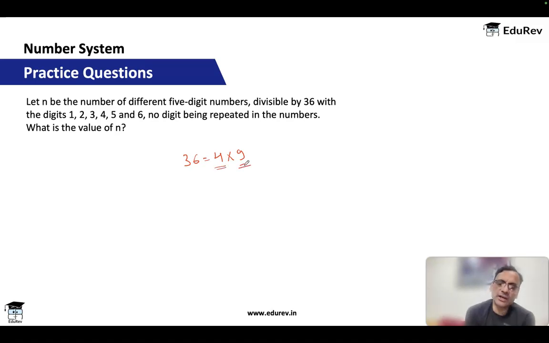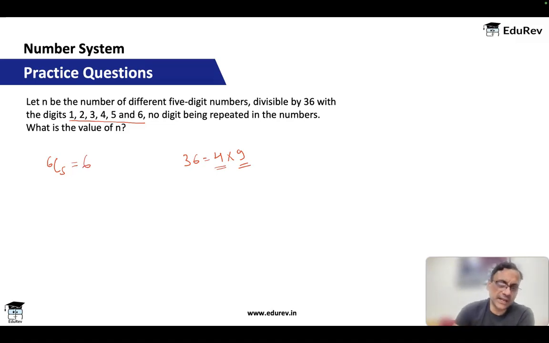When we look at powers of 3, you know that the rule is the sum of the digits. Now the sum of the digits is a very strong concept because the sum does not depend on the sequence of the numbers. You have to select 5 out of these 6, so 6C5, you can select them in 6 ways.